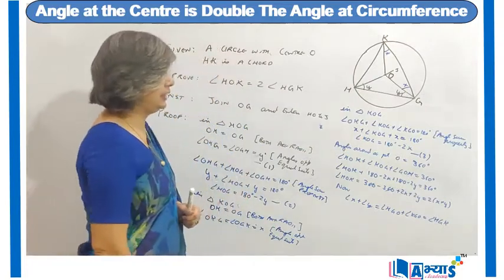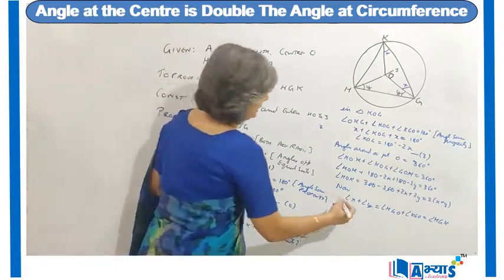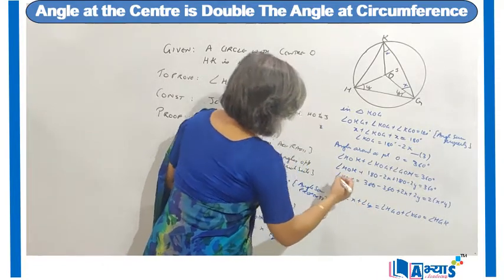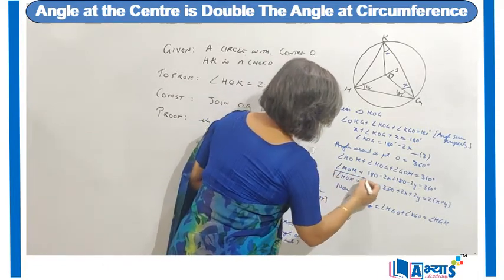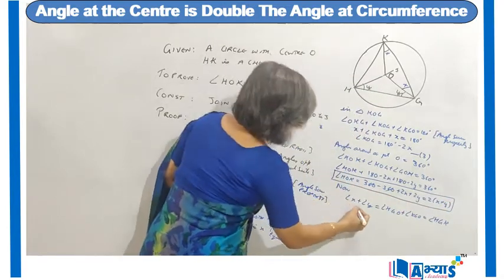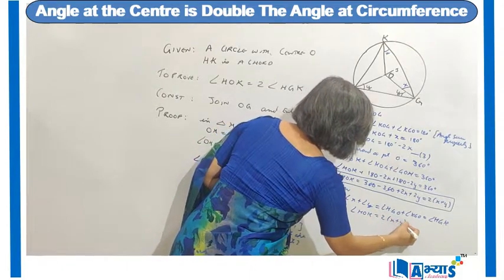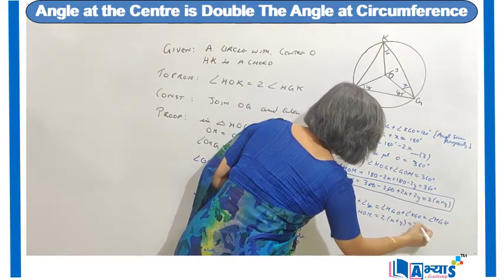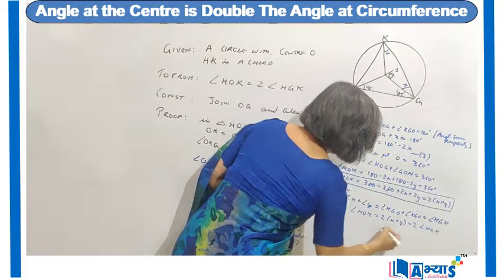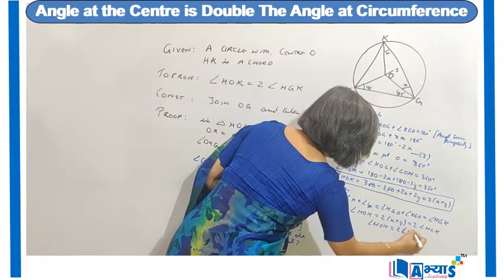So angle x plus angle y is equal to angle HGK. From the previous statement we know that angle HOK is equal to 2 times x plus y. So it is equal to 2 times angle HGK. So angle HOK is 2 times angle HGK.